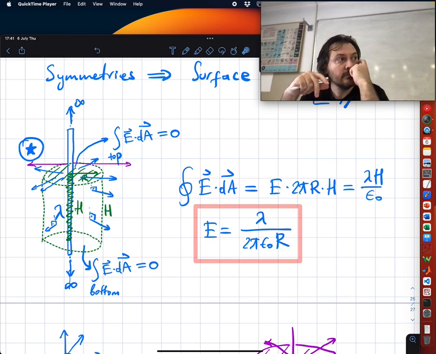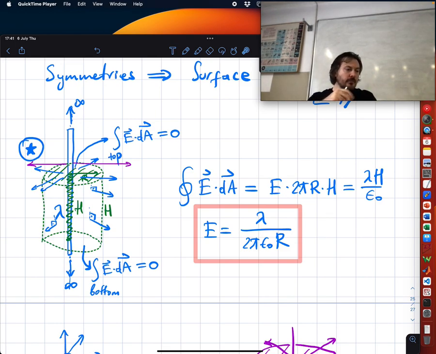Yes? In that butterfly catcher, could you find the electric field of that shape, something like that? It was too hard for us, so we left it like that. Well, in Gauss's law, we never deal with butterfly catchers because it's not symmetrical. Very good. And also, it's not closed.